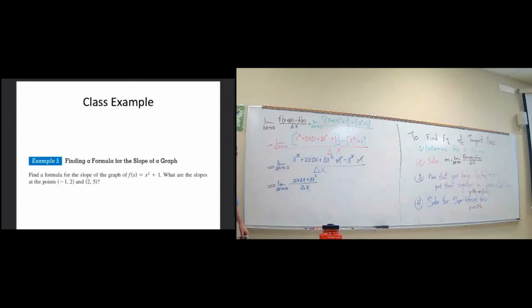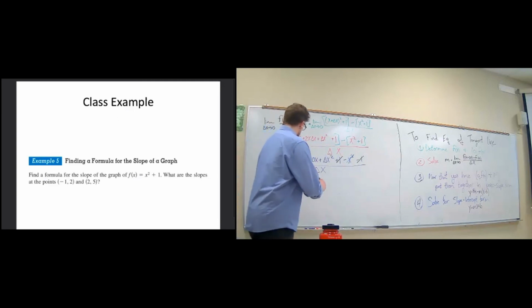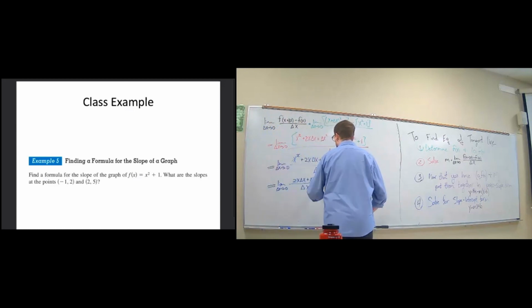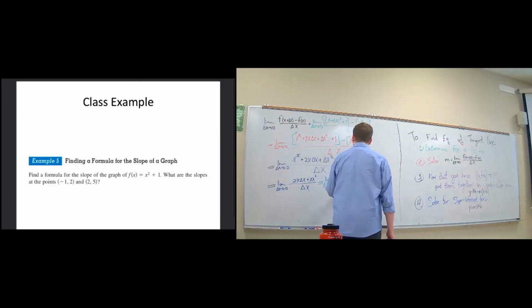Well, hey, I can factor out a delta x, can I? So let's do that. I'm going to come over here and factor out that delta x. This is the limit as delta x goes to 0 of delta x times the quantity 2x plus delta x, divided by delta x.